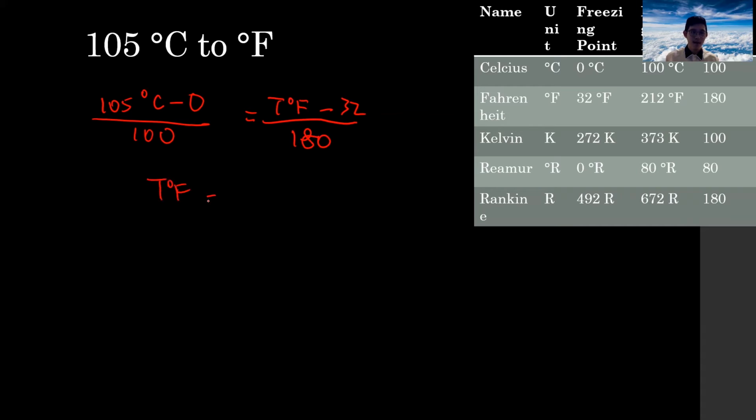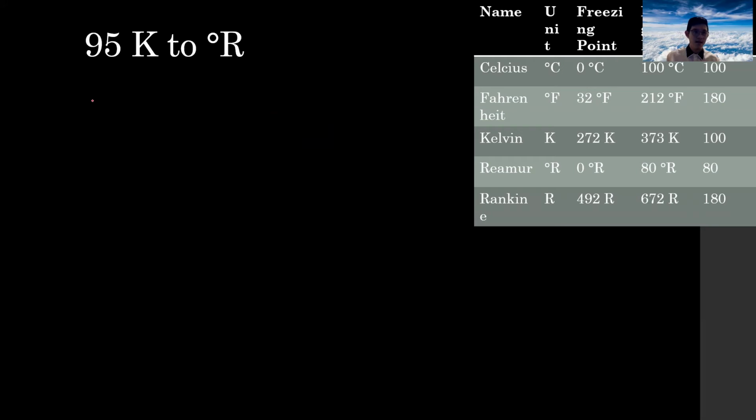So temperature in Fahrenheit will be 180 times 105 per 100 plus 32, which is 221 degrees Fahrenheit, right?